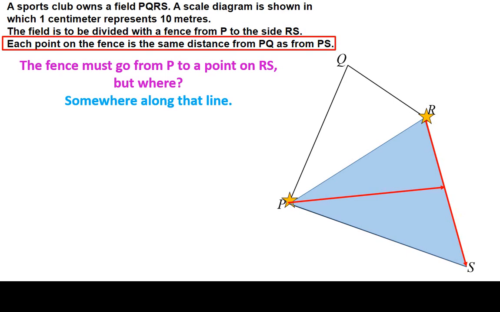Each point on the fence must be the same distance from PQ as it is from PS. That means that any point on the fence will be the same distance from this line segment PQ as it is from this line segment PS.